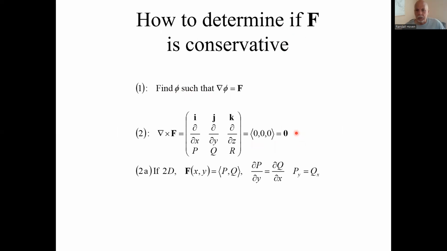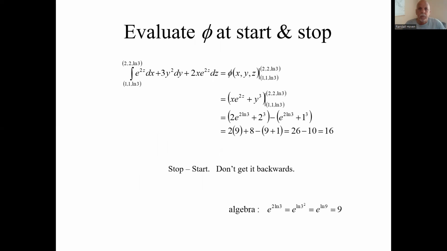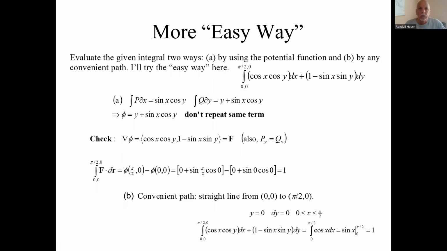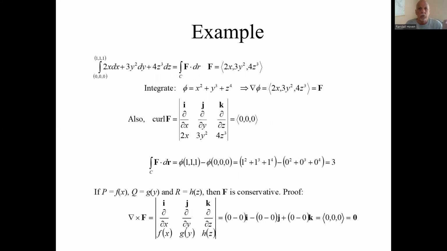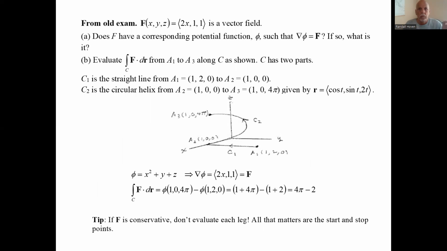But in my course, this was also a method: if the curl was 0, then you could assume it's conservative. If you want to be rigorous about it, this does not necessarily imply conservative. So I was doing examples and talking about the easy method. Let me do more examples.